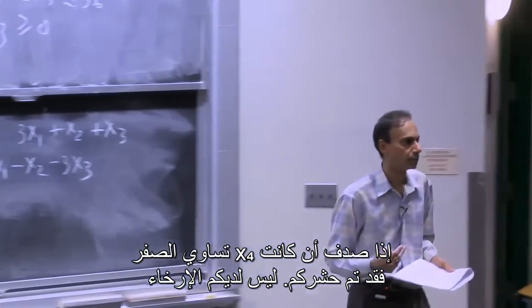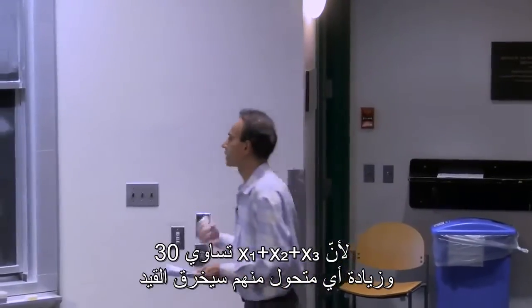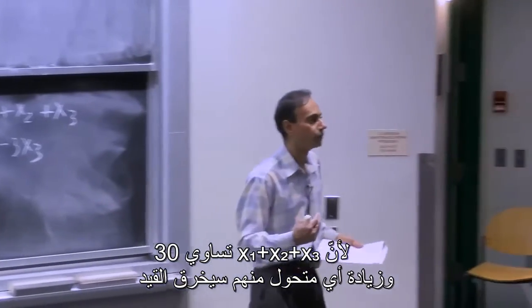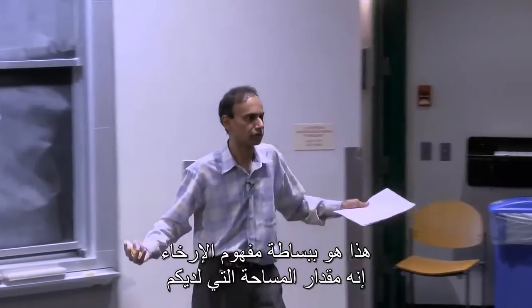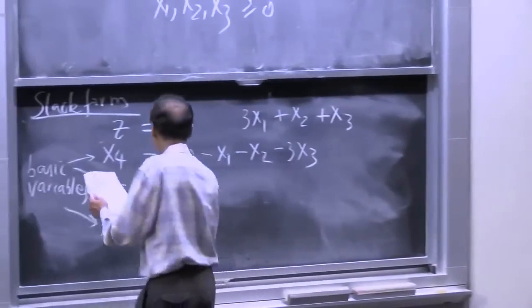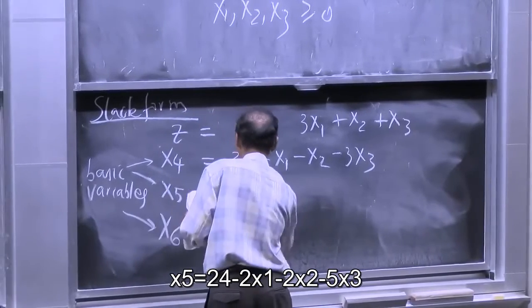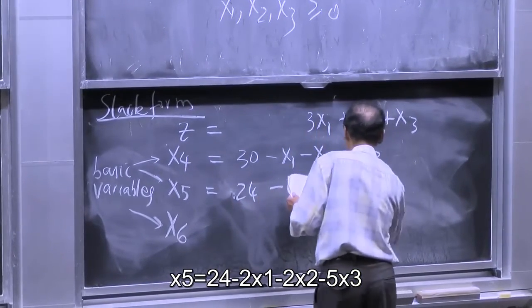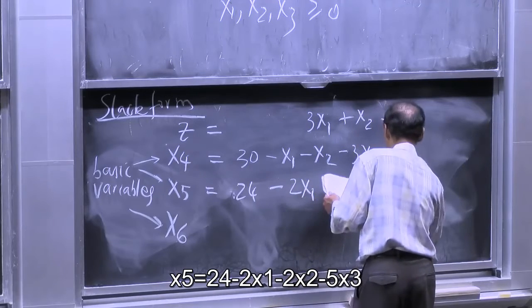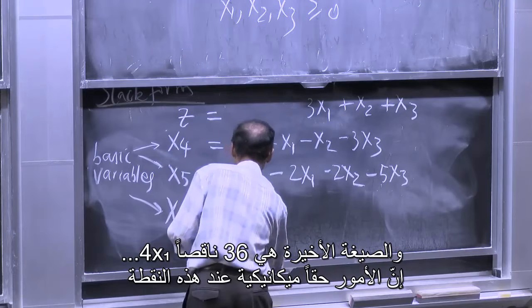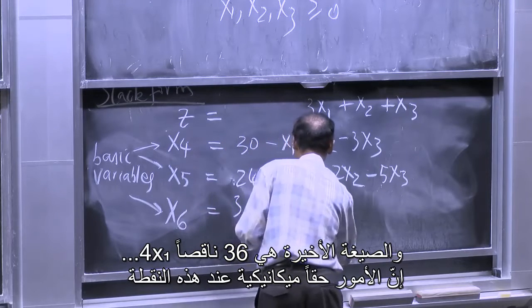You have no slack because x1 plus x2 plus 3x3 equals 30, and increasing any one of them will violate the constraint. Okay, so that's simply the notion of slack. It's how much room do you have? x5 is 24 minus 2x1 minus 2x2 minus 5x3, and the last one is 36 minus 4x1 minus x2 minus 2x3.